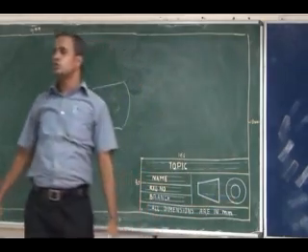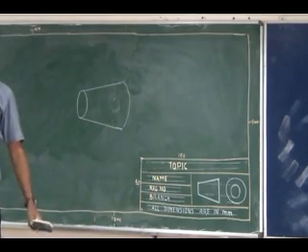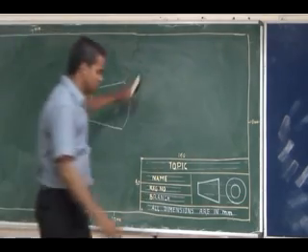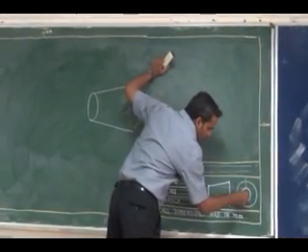Conveniently you have to use your compass to draw these circles. You should not draw them freehand. So these are the 2 circles.